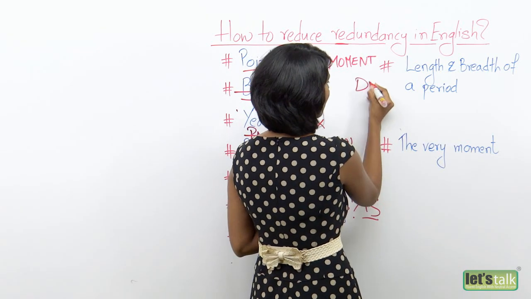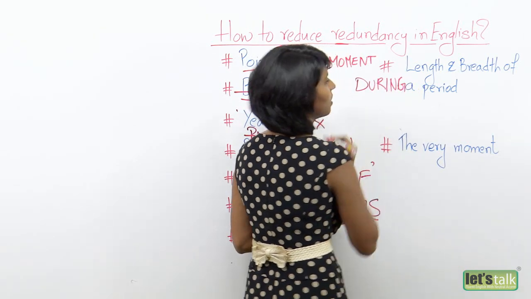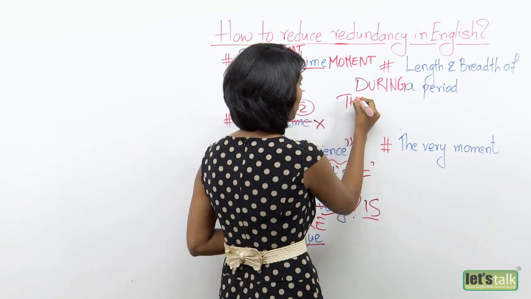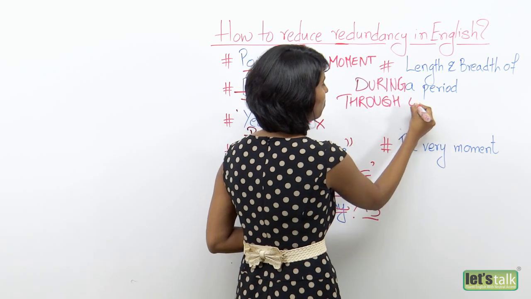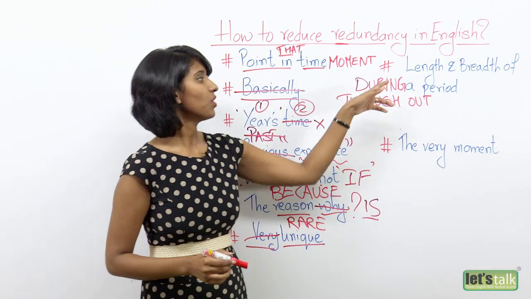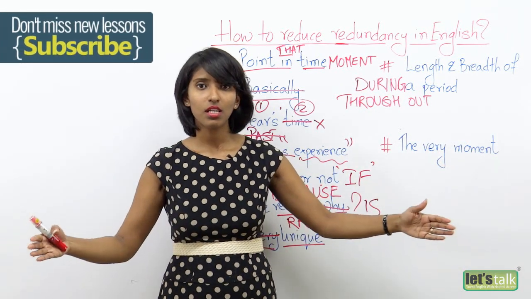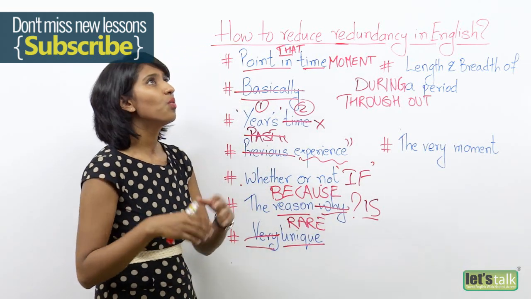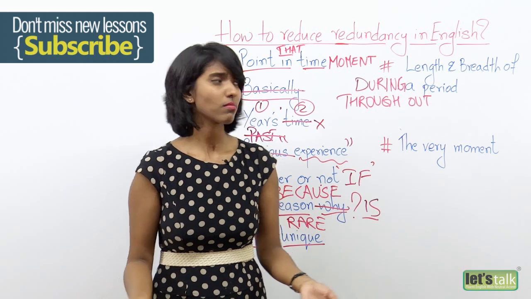You can say during a period or throughout a period. Either of these means the same. That means throughout the year, something happened. For example, throughout the year, the business grew very well.